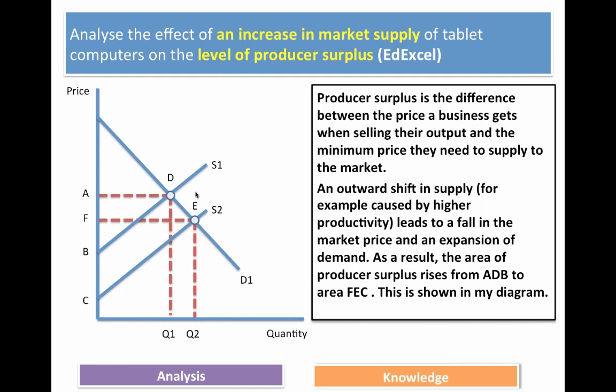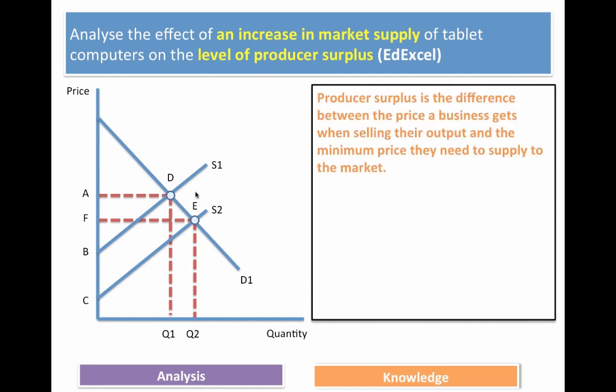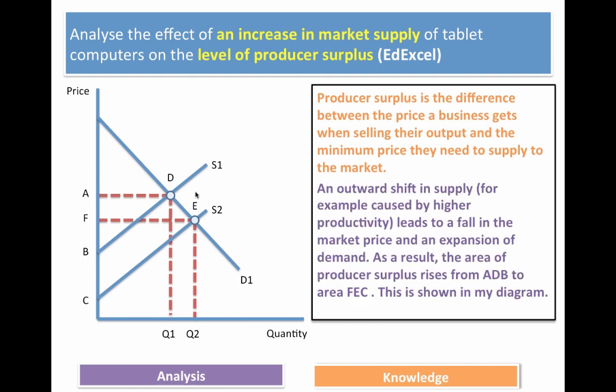What I want to do again is give a really clear definition. Producer surplus is the difference between the price a business gets when selling their output and the minimum price they need to supply. Start with a definition. Then I build my analysis. Outward shift of supply, it's mentioned in the question.